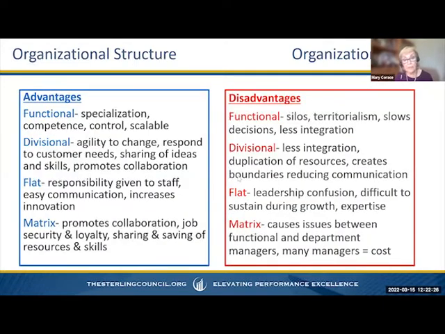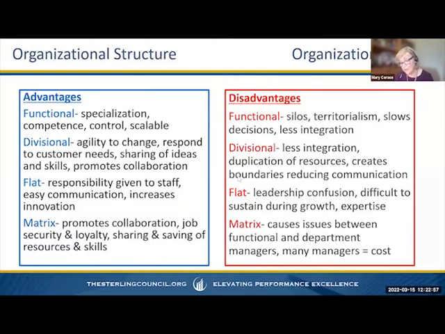Now, depending on the shape of the chart, you can determine possible strengths and weaknesses. For example, a flat org chart is typically seen as a positive for its distribution of leadership and its communication and innovation, but it may be difficult to sustain highly qualified people who have expertise in their field because other organizations may want to offer them more.